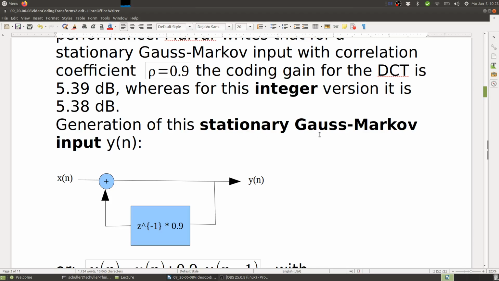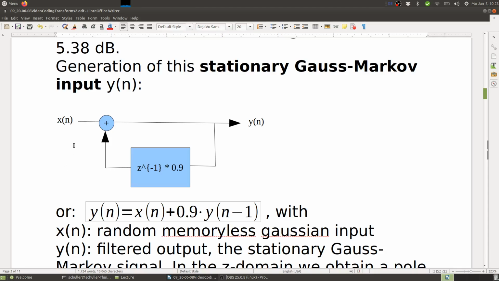This stationary Gauss-Markov input is generated using this simple structure. You have basically this infinite impulse response filter. You have some input x, which is white noise in our case, and then it goes through this IIR filter, which just has one coefficient.